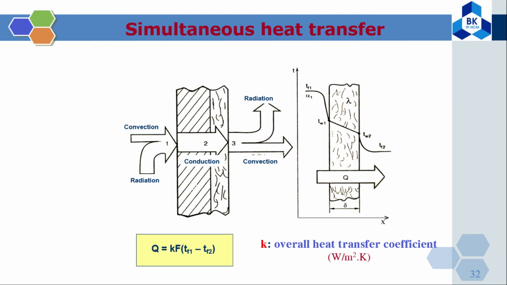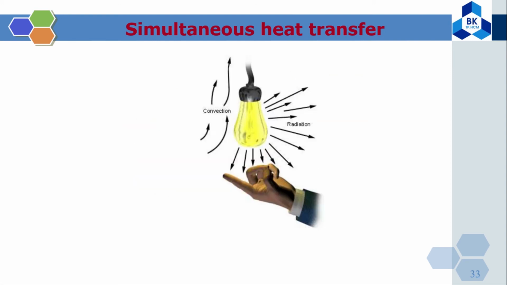So you can see that in this case, there is a combination of three heat transfer mechanisms at once, so we call that simultaneous heat transfer. Another example: if we put a hand near a light bulb, through convection and radiation, the heat will be released from the light bulb.